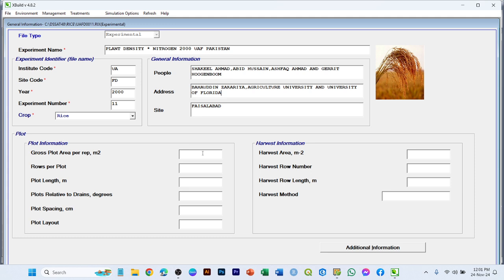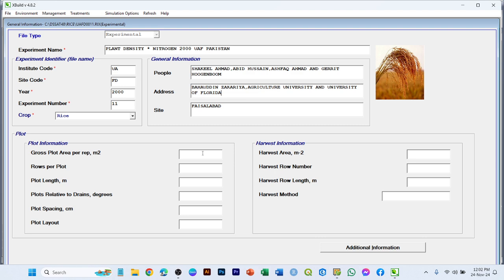Plot relative to drains in degrees. If there is some elevation in your plot, then you can also mention it over there. This is somewhat relevant to the geography of the soil. Okay, plot spacing in centimeters between rows. What is the space? Because this experiment is about density, you have to mention the spacing as well.